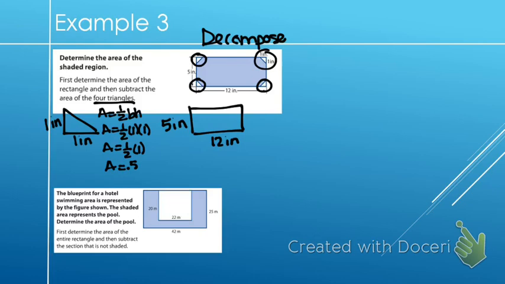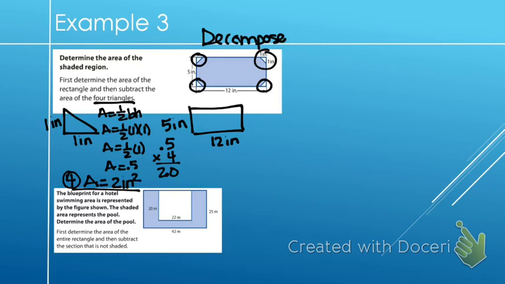We have 4 triangles here. Okay, so we got to take our 0.5 times 4. We get 20. We have 1 behind the decimal, so we get 2. Okay, so for 4 triangles, our area is 2 inches squared. And that's just for the 4 triangles.